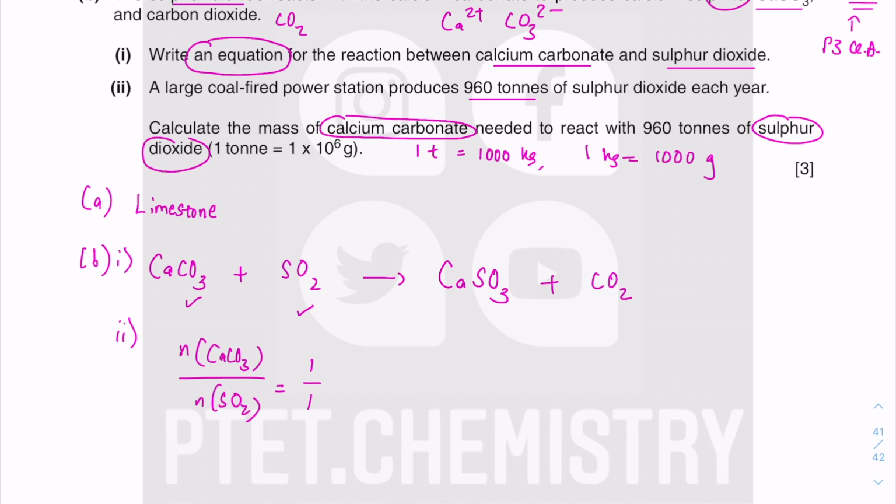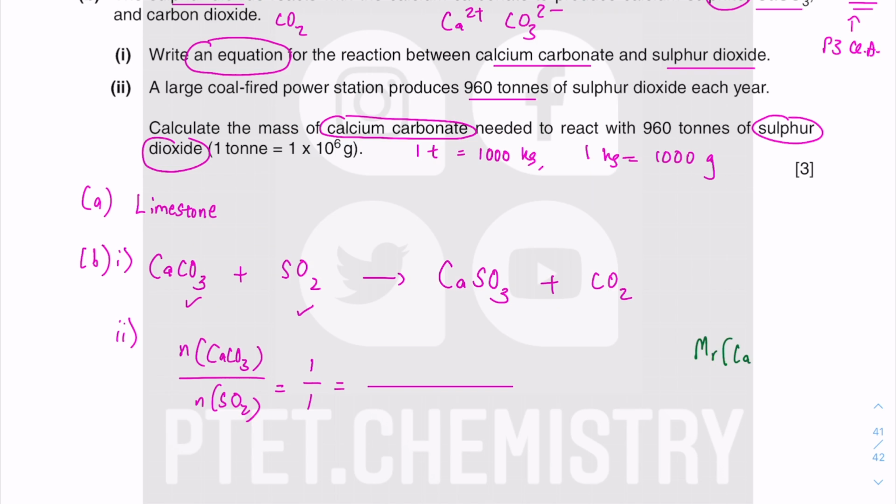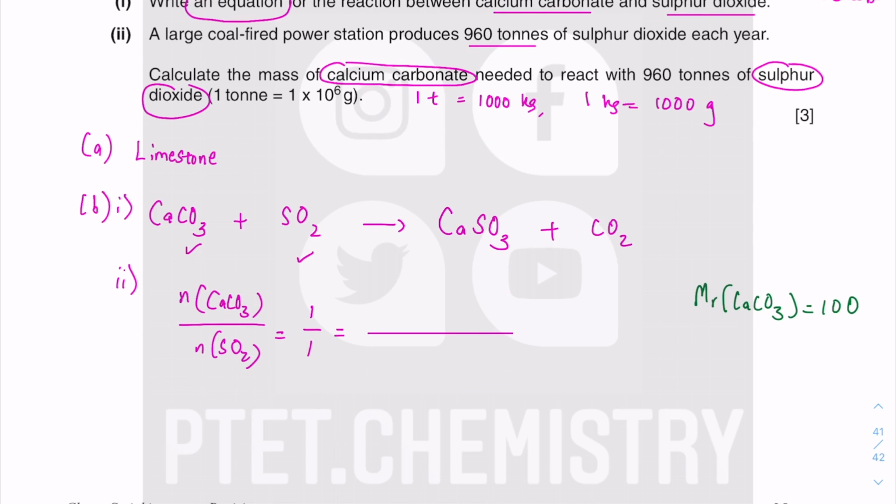That is equal to the actual mole of calcium carbonate that reacted, which has to do with the masses. So on the side I will very quickly calculate the MR of calcium carbonate. If you look at the periodic table, calcium has a relative atomic mass of 40. 40 times 1 plus 12, which is the atomic mass for carbon, 12 times 1 plus 16 times 3 because you have 3 oxygen. So the MR of calcium carbonate is 100.